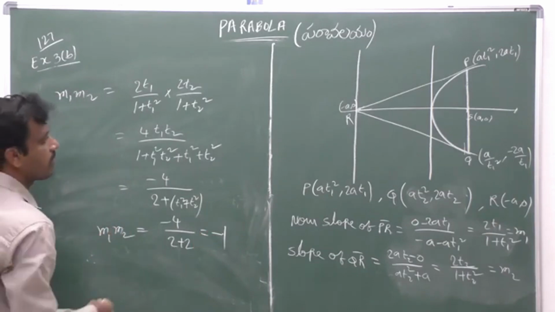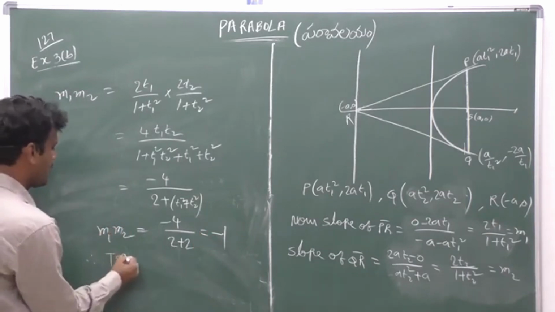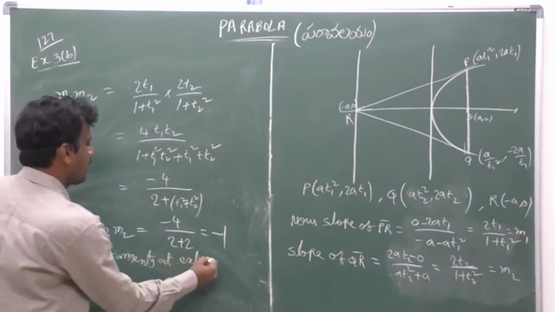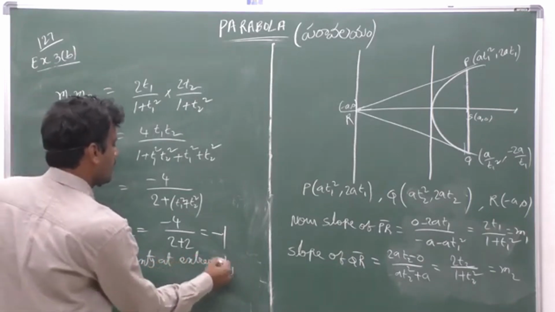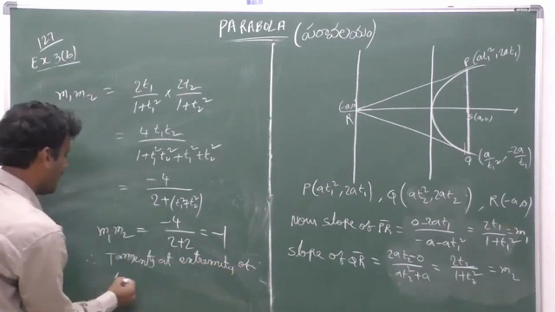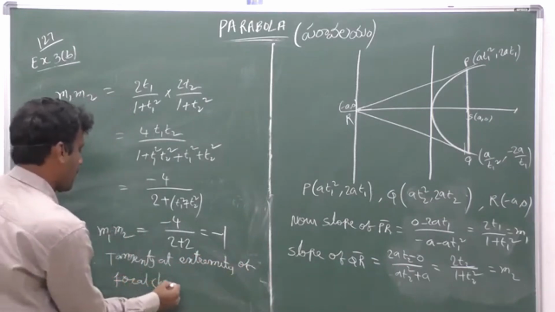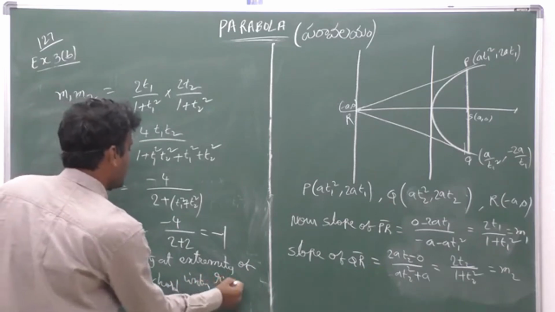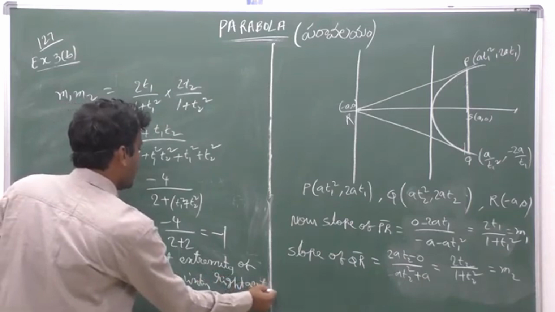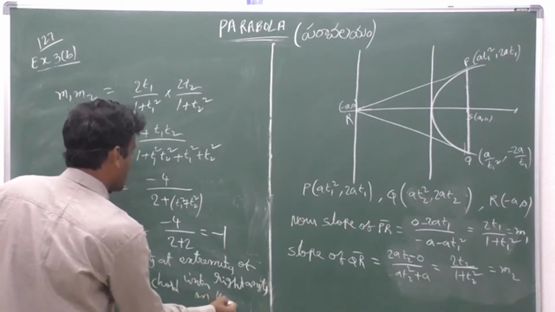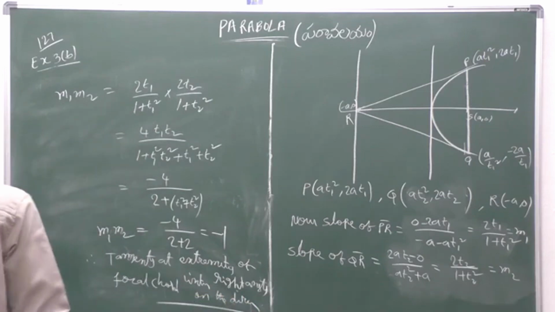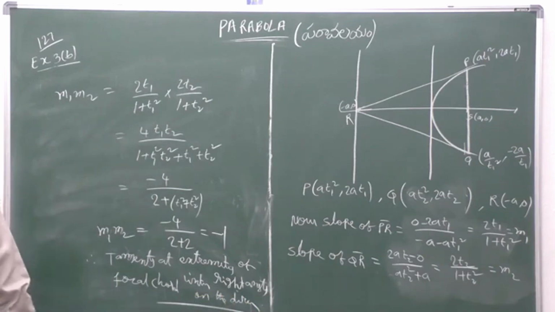Therefore, tangents at the extremities of a focal chord intersect at right angles on the directrix.